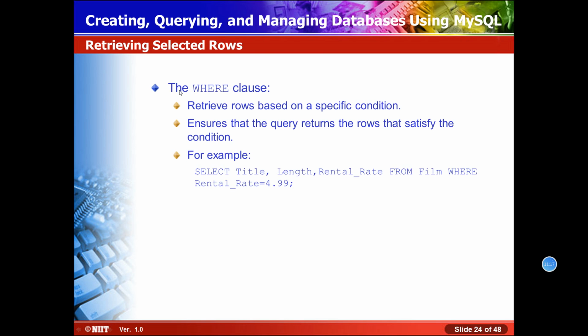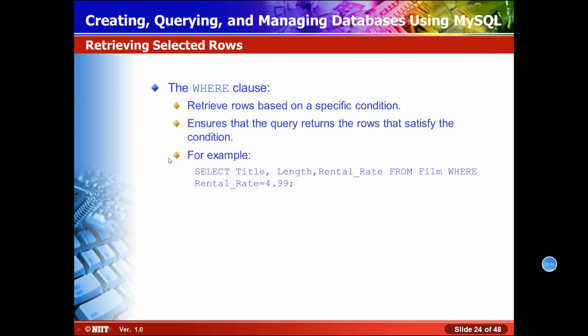Next topic is the where clause. The where clause will allow you to select some specific rows of the table, not all the rows. It retrieves rows based on a specific condition. So you will have some condition, and based on that you can get some rows from the table.